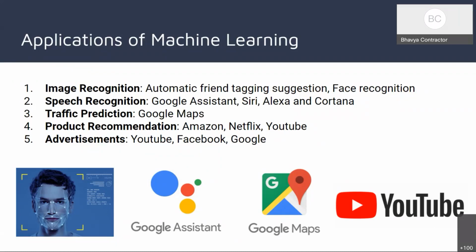Second one is face recognition. You all must have seen it in your mobile phones or devices. You can unlock your phones using this. So this also involves a machine learning algorithm. Next is speech recognition.